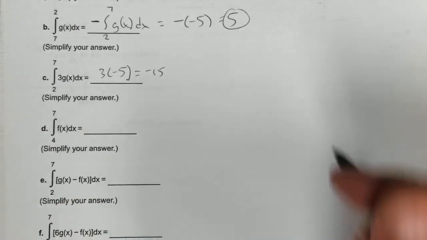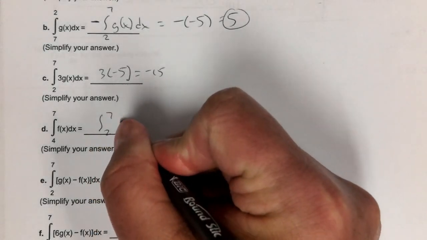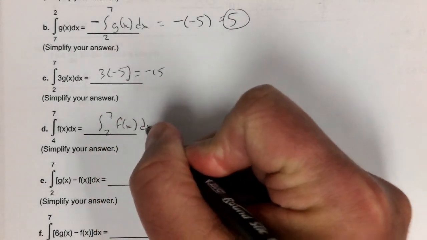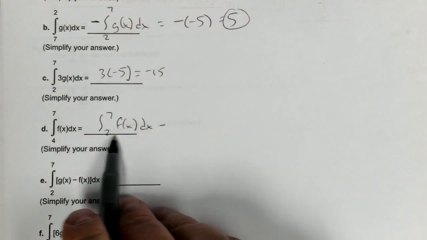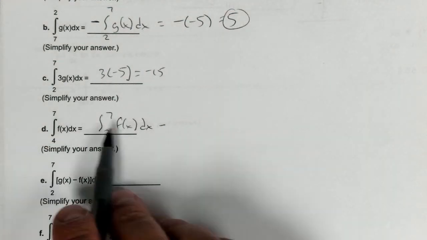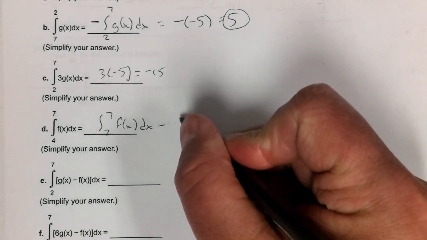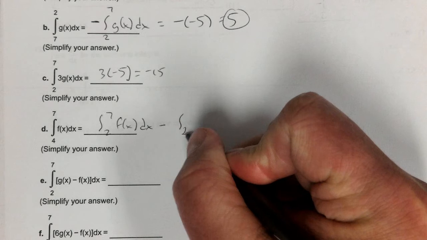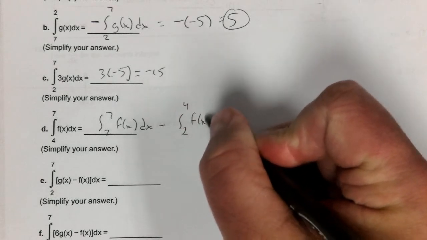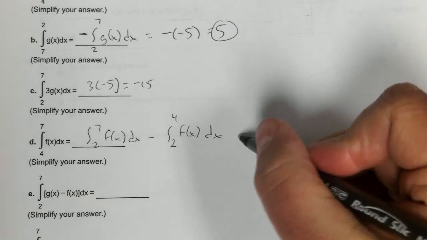So what we do is we take the 2 to 7 of f of x, which is more than you want, because what you want is 4, minus the little part from 2 to 4 of f of x dx. And so then you just plug in your numbers.